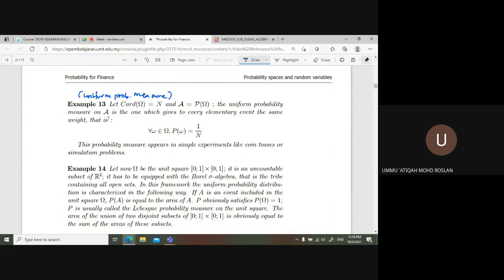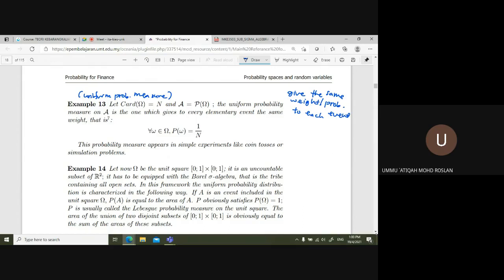This is because we give the same value of probability, the same weight, to each event.